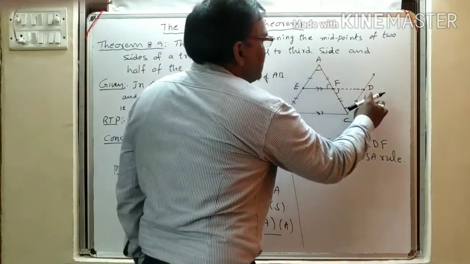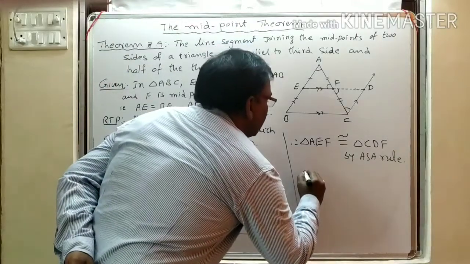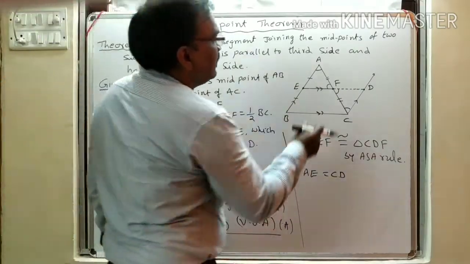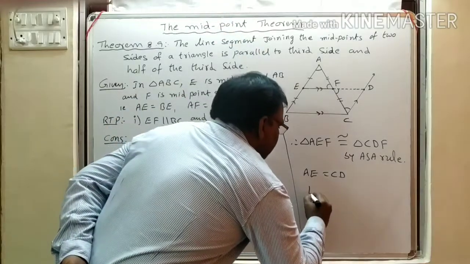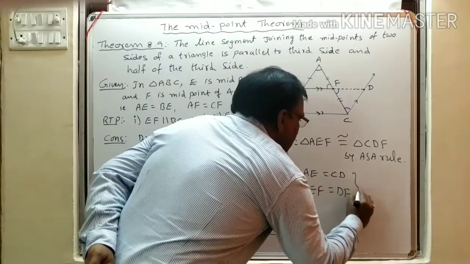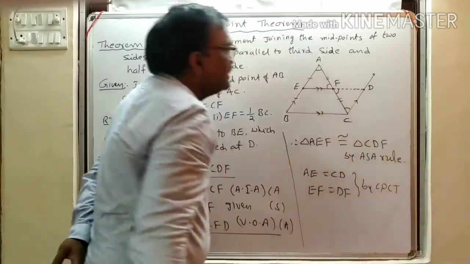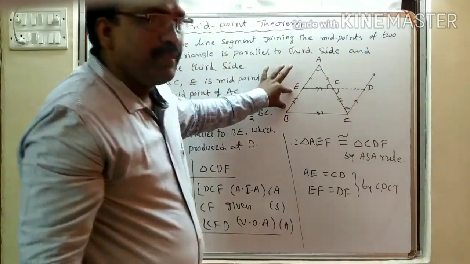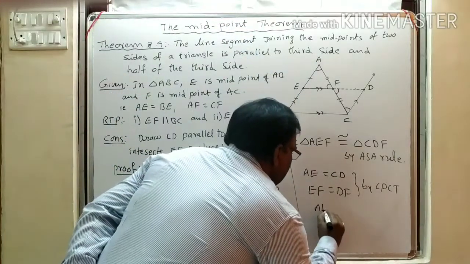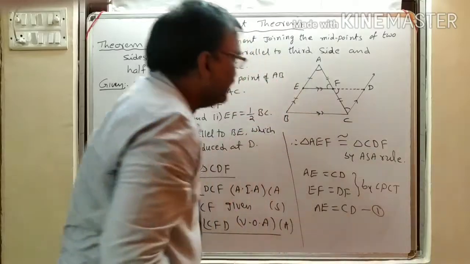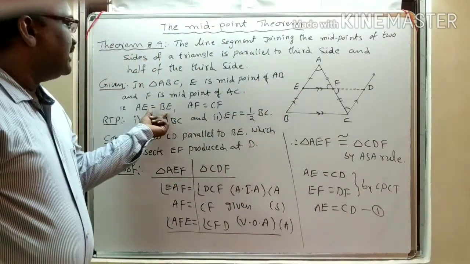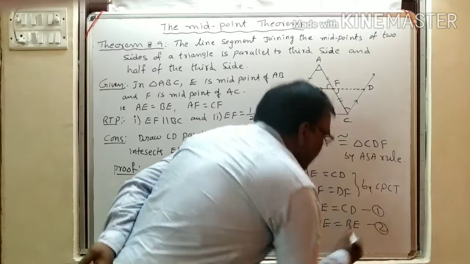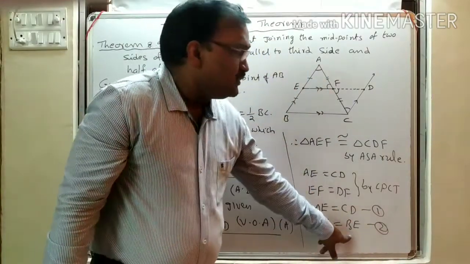Therefore, length of AE is equal to length of CD, and one more, EF is equal to DF by CPCT. So AE is equal to CD, but given AE is equal to BE.